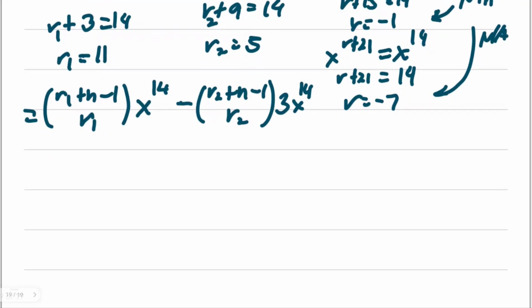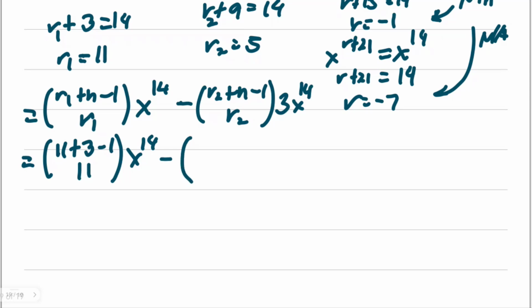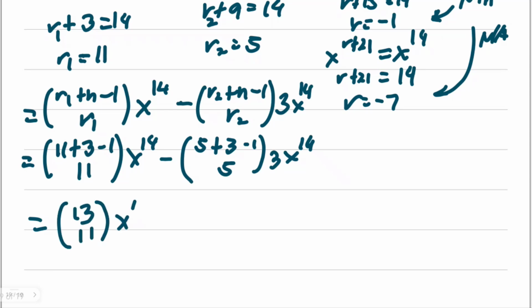So let's start with this. The first one, we have 11 plus 3 minus 1 combination 11, okay, X to the power of 14, minus you will have here 5 plus 3 minus 1 combination 5 times 3 times X to the power of 14. Factoring out X to the power of 14, let's try to solve for this. So we have here 11 plus 3 minus 1 is actually 13, combination 11, X to the power of 14, minus 3 times 5 plus 3 is 8 minus 1, 7, combination 5, X to the power of 14.